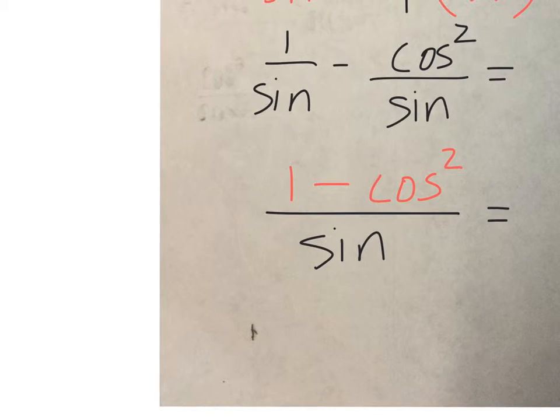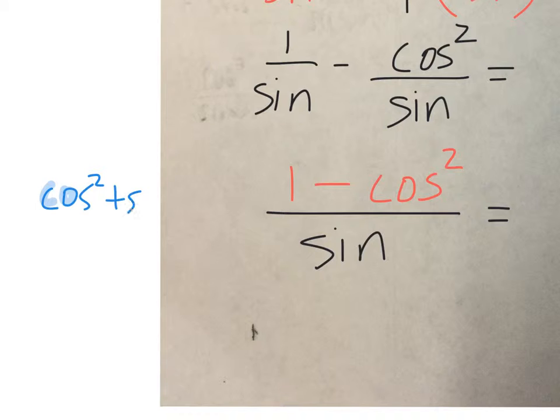Now we have to do some substitution. There is a Pythagorean identity that says the cosine squared plus the sine squared equals 1.